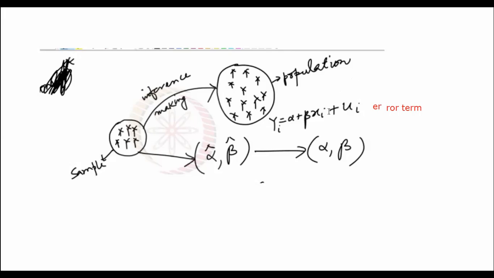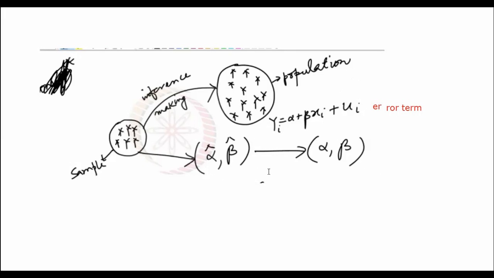Now what we do is specify this model, okay? Then collect the sample, and from the sample we will estimate what alpha hat and beta hat will be. And then we will infer about the population parameters alpha and beta.